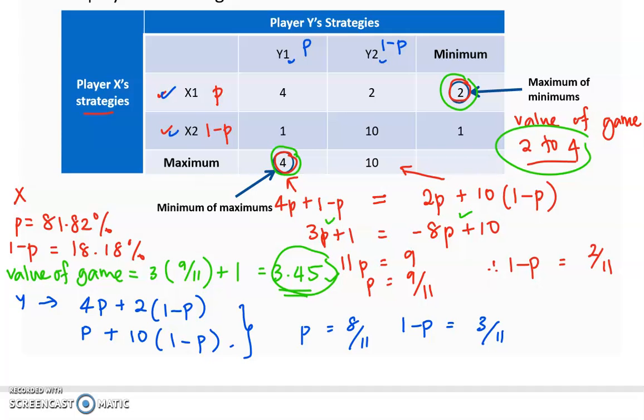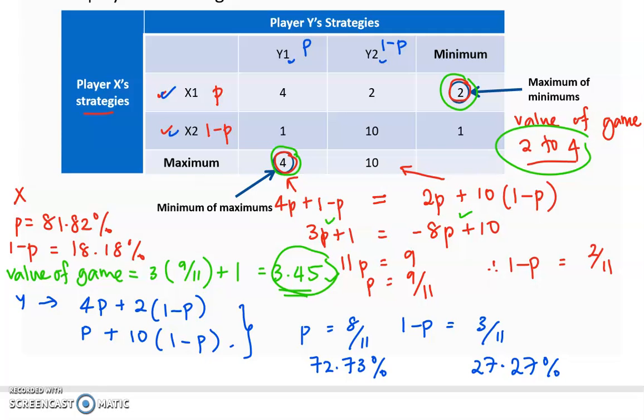If we convert these p values into percentages, p is around 72.73% and 1 minus p is around 27.27%.